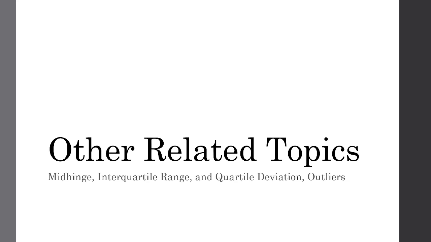And we have here our related topics. Actually, this is just extension of calculations for analysis regarding quartiles. Okay? So, in which we'll be talking about Midhinge, Interquartile Range, and our Quartile Deviation. And I'm not sure if I added outliers in this slides.